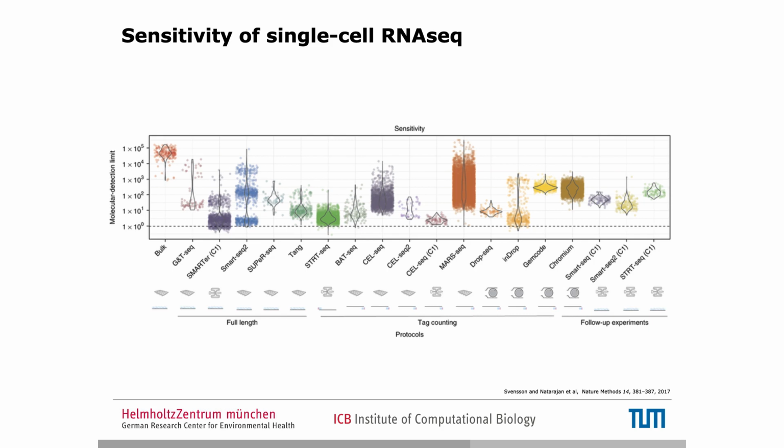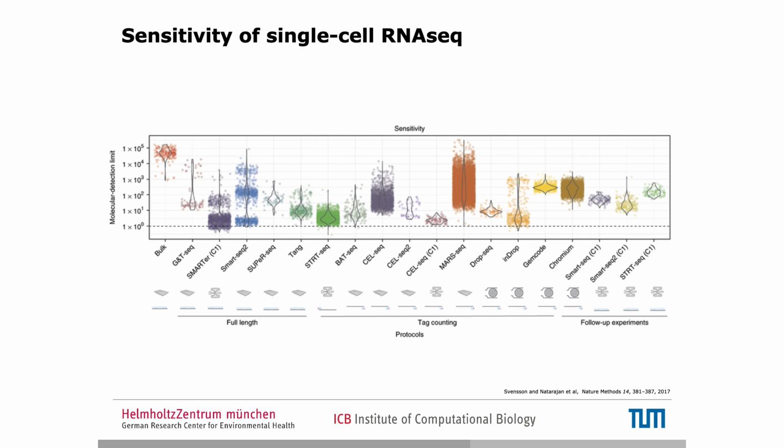The leftmost violin plot shows you bulk samples. So in a bulk experiment, you need at least 10,000 copies, something between 10,000 and 100,000 copies of the same molecule to detect this gene at least once.